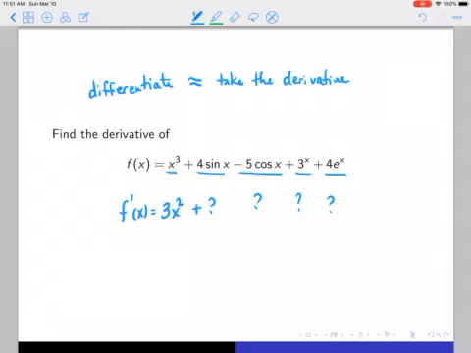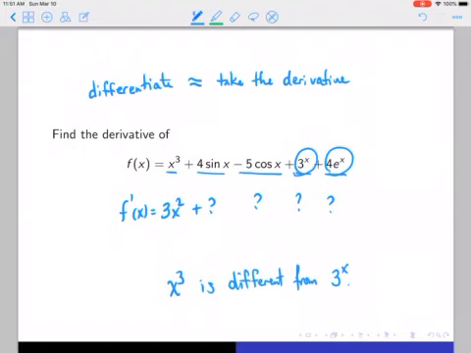So we haven't learned about the derivatives of trig functions yet, and e to the x and 3 to the x, they do kind of look similar to x cubed, but notice that x cubed is really different from 3 to the x, right? So they're really, really different functions.